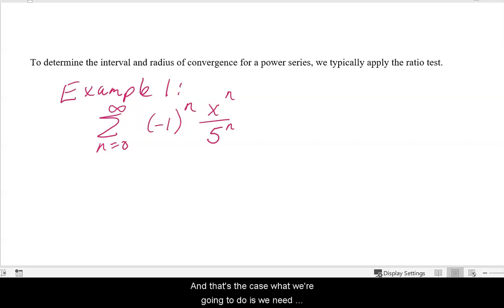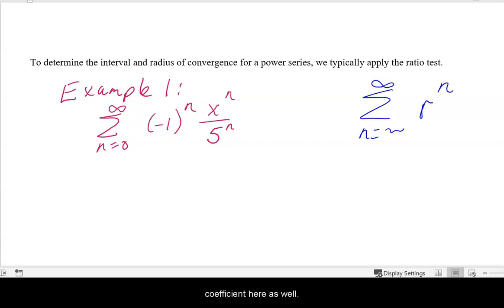In this case, what we're going to do is we need to rewrite this power series here in its geometric series format. Remember that the form of a geometric series basically looks like the sum from n equal whatever to infinity of r to the nth power, and there may be some coefficient here as well.